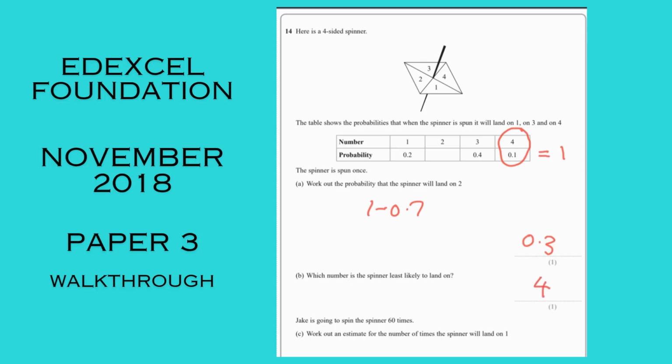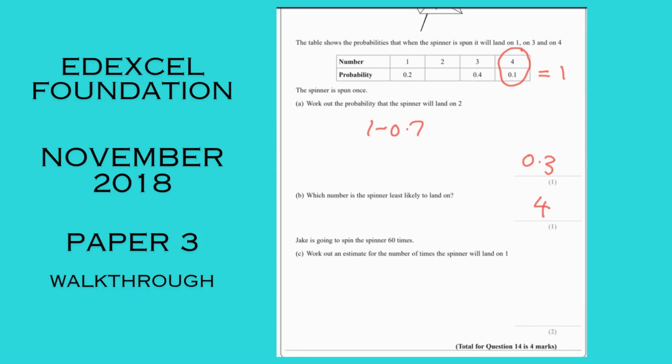So that's a 4. And finally, whenever you're working out expected outcomes, take the number of times you're going to do a probability test, multiply it by the probability of the event happening, giving us a 12.